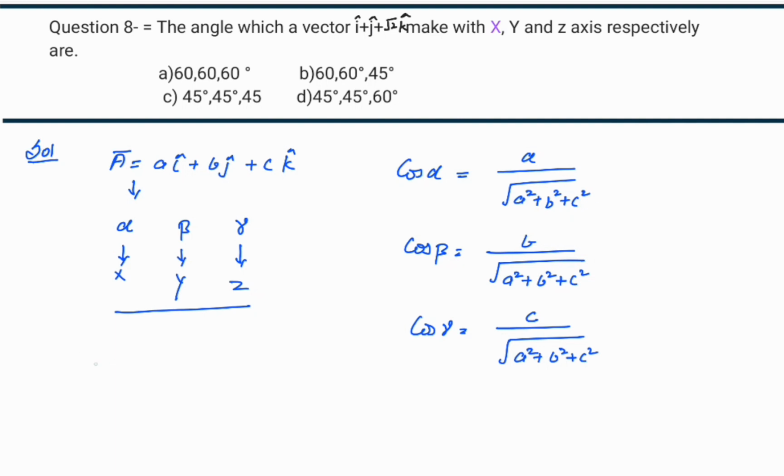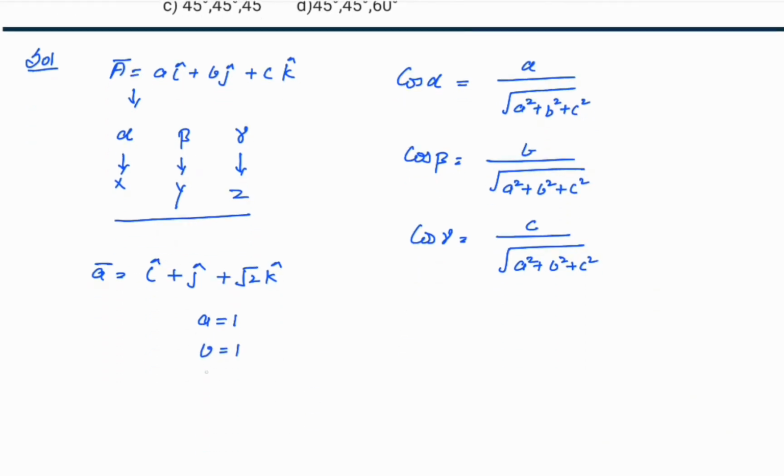Here the given vector A is I cap plus j cap plus root 2 k cap. Here A is equal to 1, B is 1, and C is root 2. So find cos alpha.